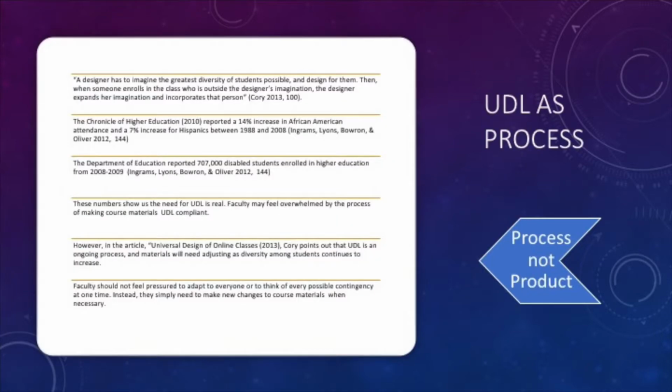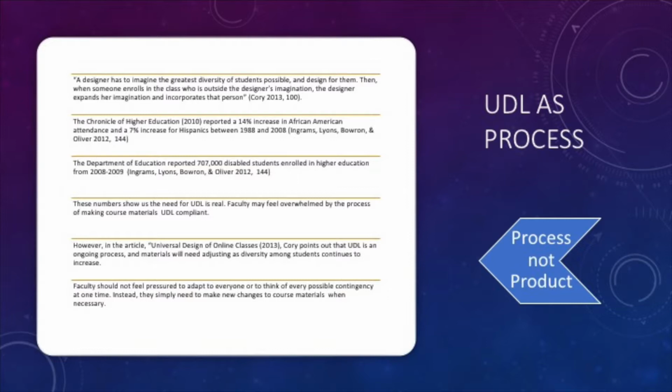So looking at the first part, it's a process, not a product. Dr. Rebecca Corey wrote, "A designer has to imagine the greatest diversity of students possible and design for them. Then, when someone enrolls in the class who is outside the designer's imagination, the designer expands her imagination and incorporates that person too."